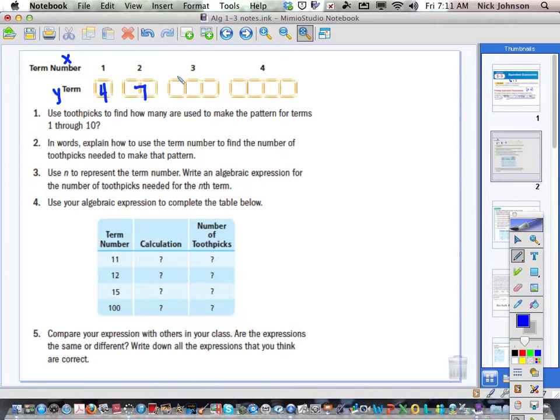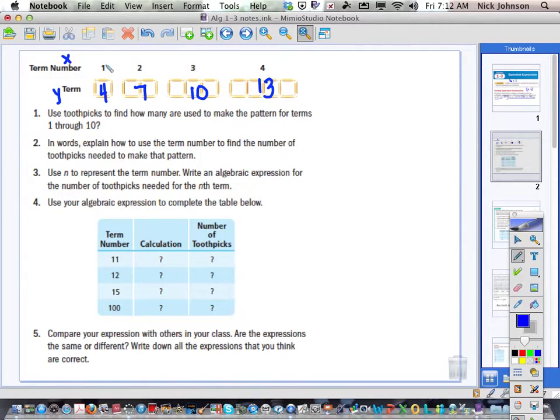In 3, how many are there? 1, 2, 3, 4, 5, 6, 7, 8, 9, 10. In 4, there is 1, 2, 3, 4, 5, 6, 7, 8, 9, 10, 11, 12, 13 toothpicks.